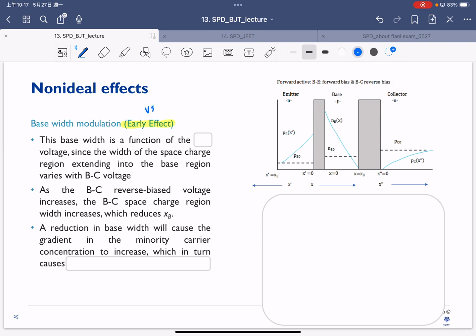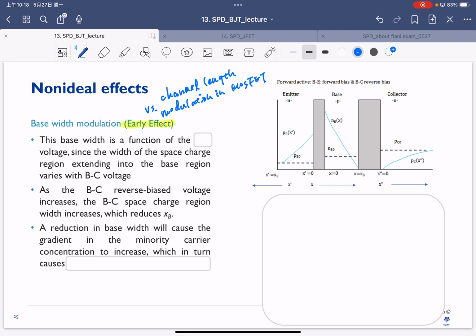If you still remember, in the MOSFET we also have the issue called channel length modulation.